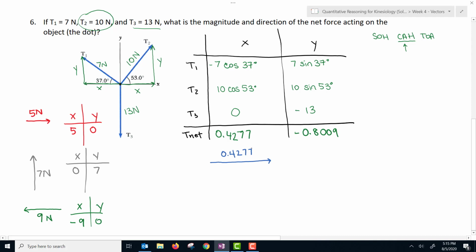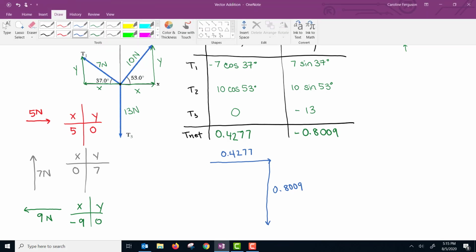It also has a y component that's negative. That means it points downwards. 0.8009. I can put the negative here if I want, but the fact that I made the arrow point downwards implies that it's negative, so I don't really need it.